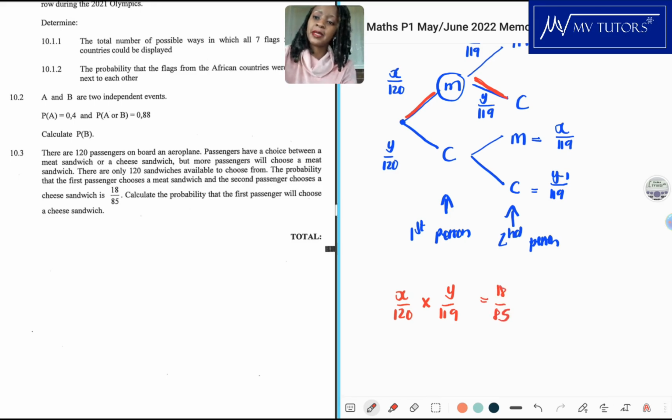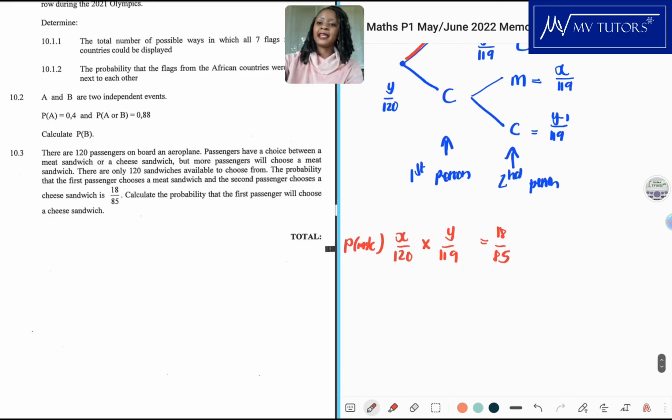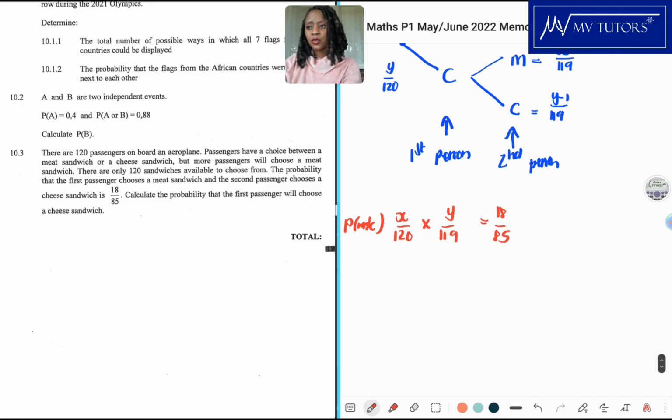So that's the probability of the meat and the cheese following each other in that order. So that is 18 over 85.